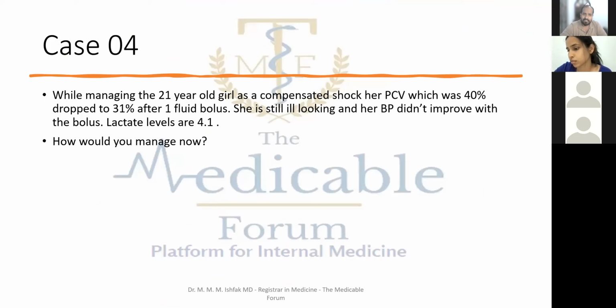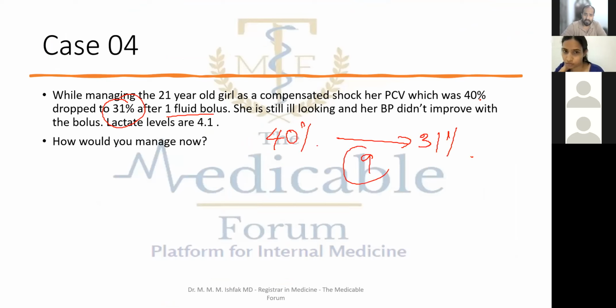Now, while managing the 21-year-old girl as a compensated shock, her PCV, which was 40, dropped to 31 after one fluid bolus. So how much dropped? A drop of 9 after one fluid bolus.